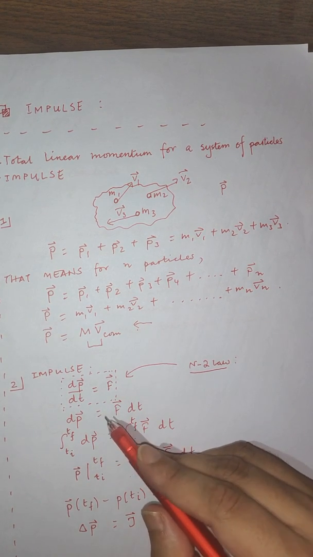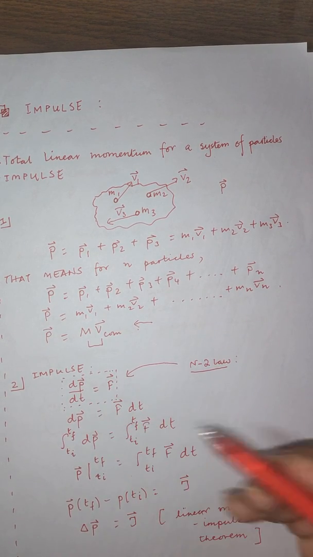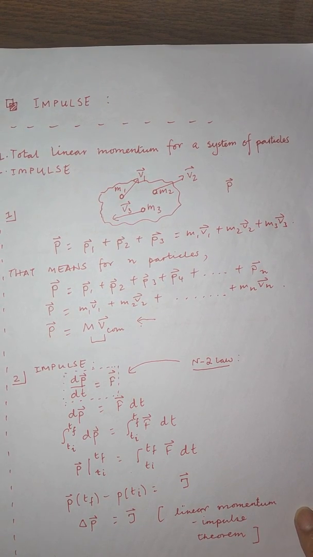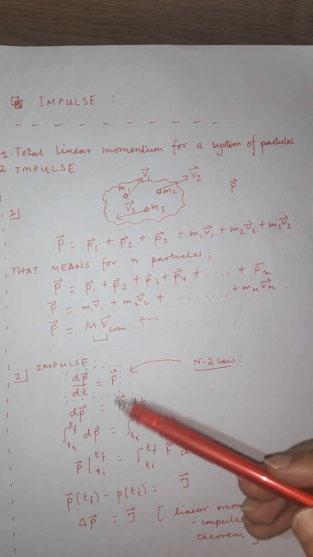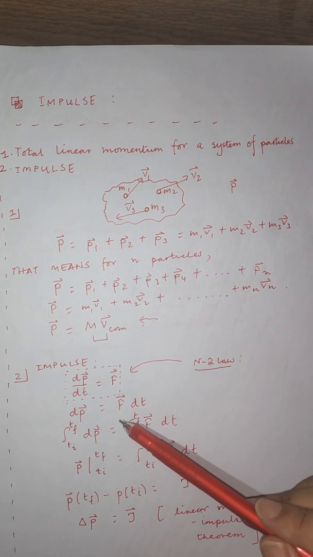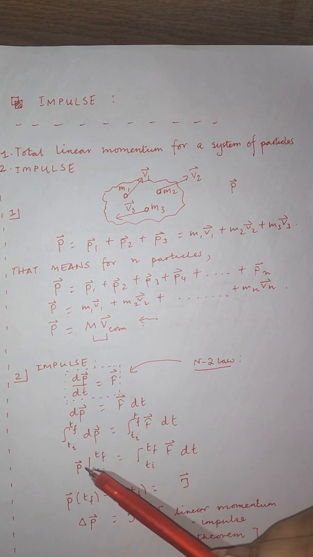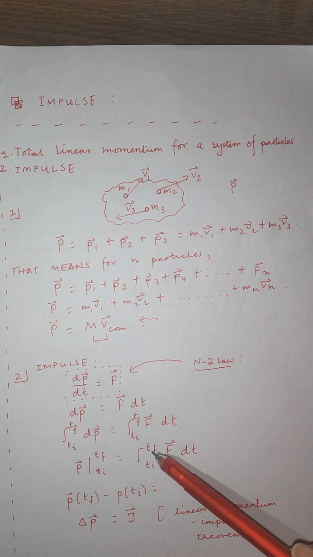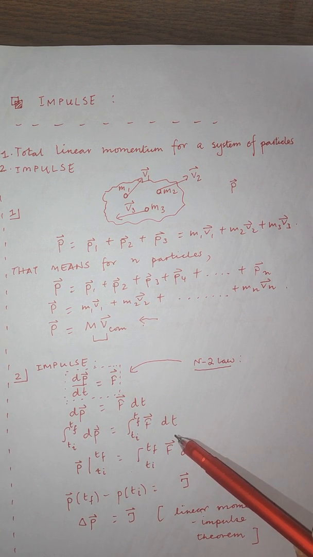Now, if we just manipulate this equation, then dp would be f times dt, and integrating on both sides we have integral of dp equals integral of f with respect to the time.